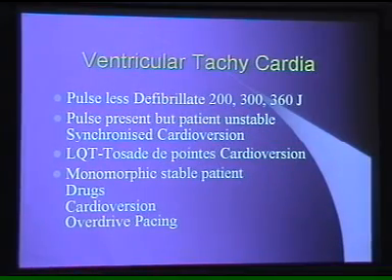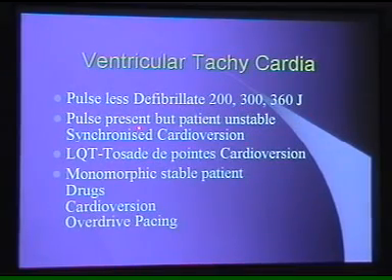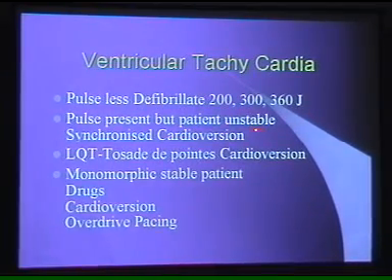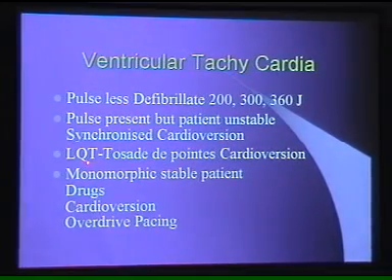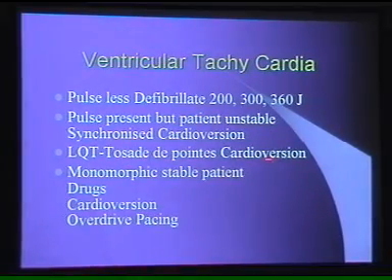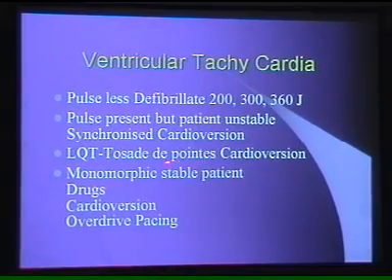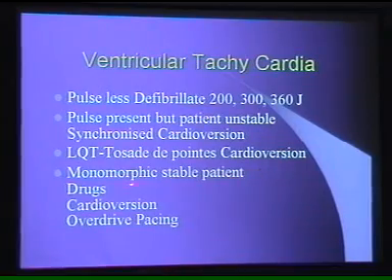Now, for ventricular tachycardia, if the person is pulseless, we have to defibrillate them. If a pulse is present but the patient is unstable, then synchronized cardioversion is required. Long QT interval predisposes to a more serious form of ventricular tachycardia called Torsades de Pointes, which is always treated by cardioversion.